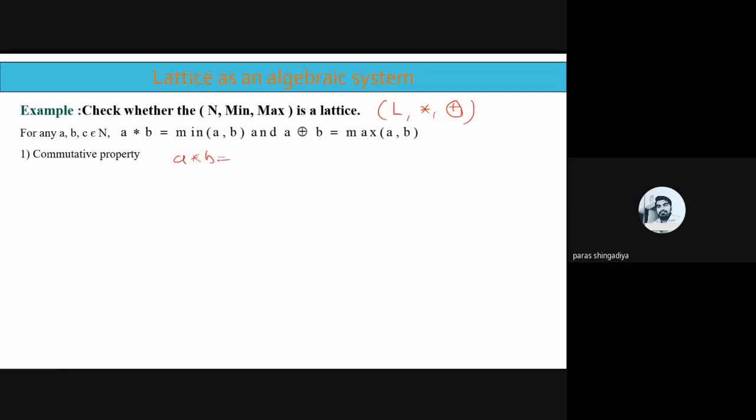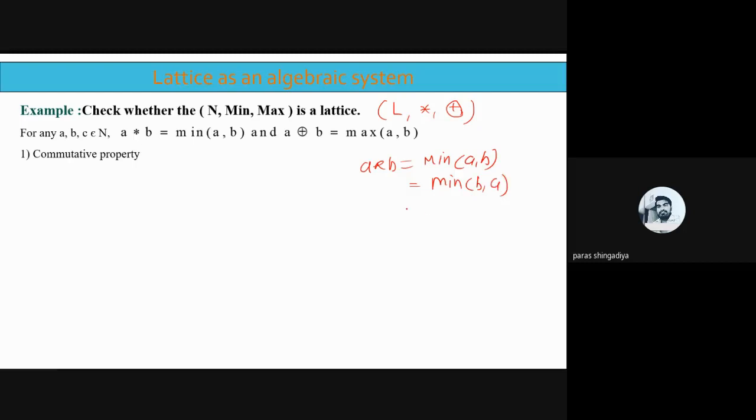A star B is given as the minimum of A, B. So consider the minimum value from A and B. The minimum of A, B is the same as the minimum of B, A. For example, minimum of 5, 3 is 3, and minimum of 3, 5 is also 3. It remains 3 there. So the minimum of A, B is the same as the minimum of B, A.